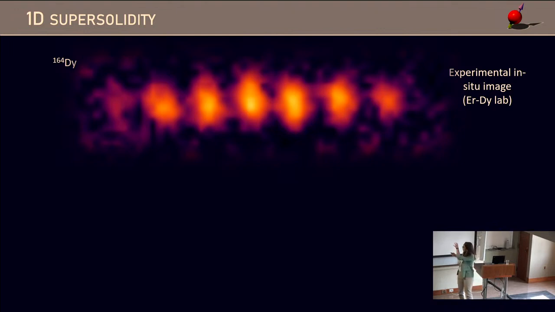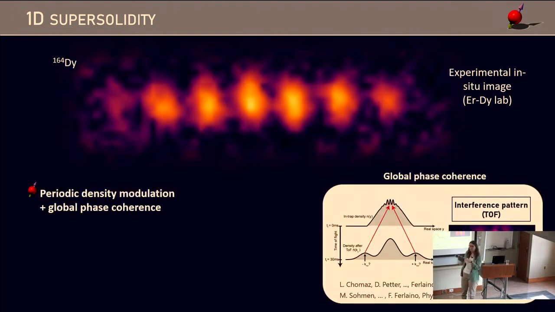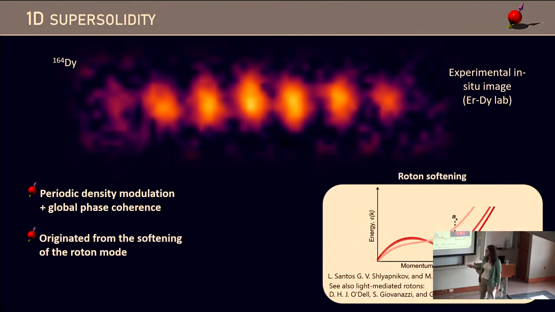And these droplets are not independent of each other, but they share a global phase coherence that can be experimentally detected by studying the interference pattern. So you let your system expand with a time of flight measurement, and you can prove that the droplets share a global phase coherence.